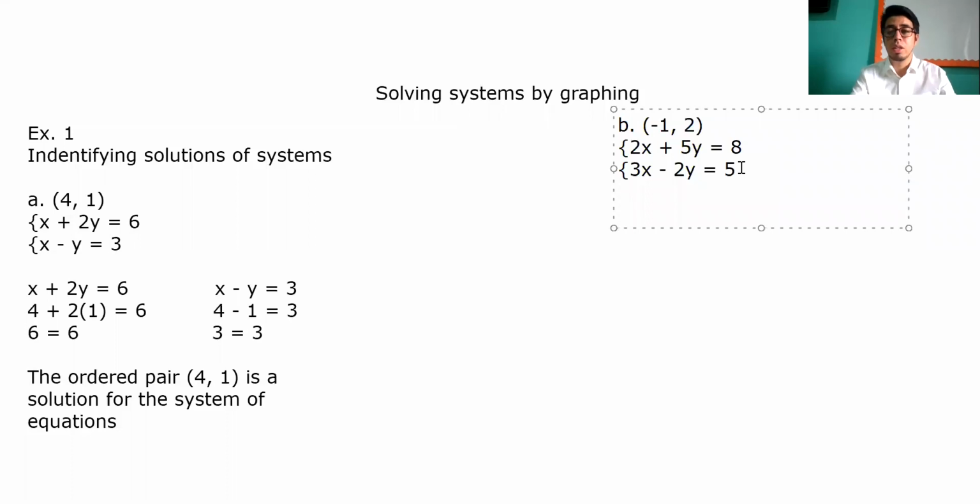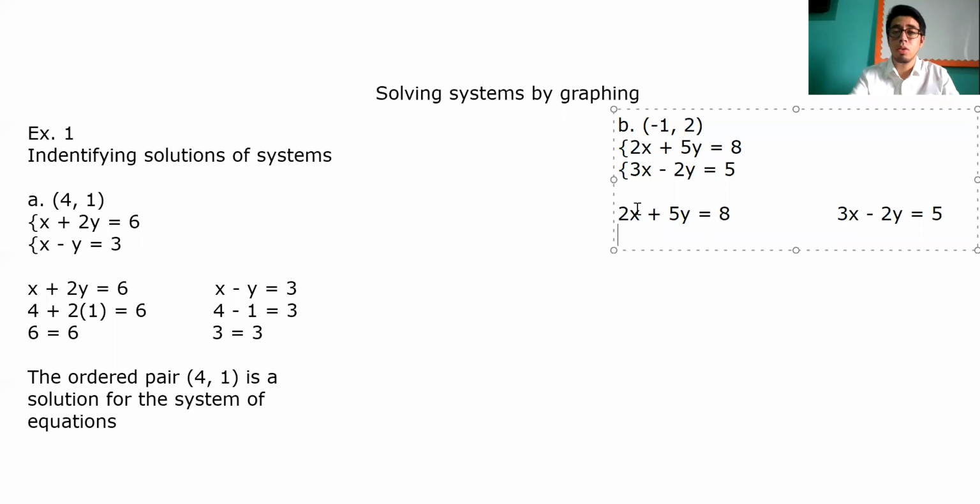I give you the space here so we can work. I'm going to expand this. Then we have that in the first equation, 2 times x plus 5y is going to be equal to 8. And for the other equation, we have that 3x minus 2y is going to be equal to 5.